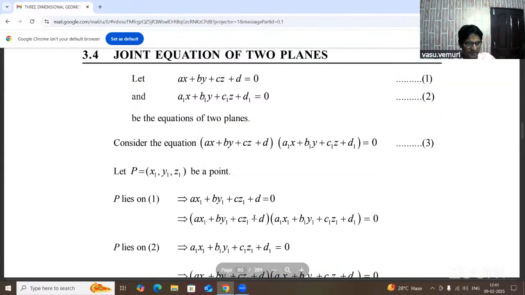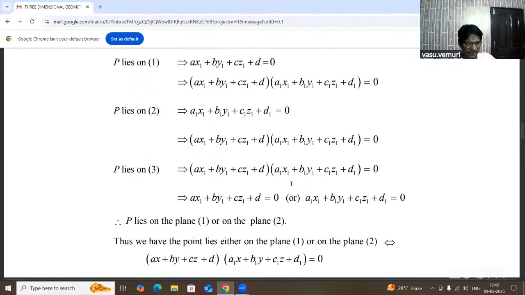And again, the same point x1, y1, z1 is substituted in the third equation. When the first one is 0, then automatically the second one is also satisfied; the same point lies on the third equation.